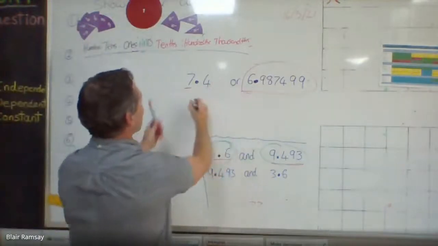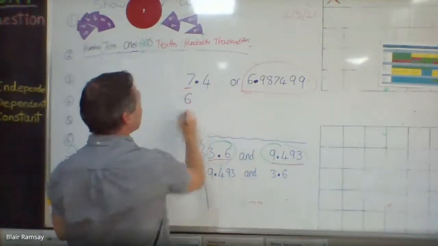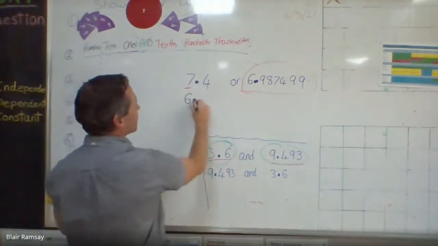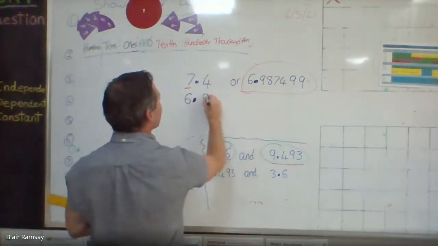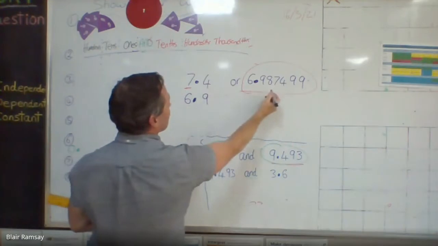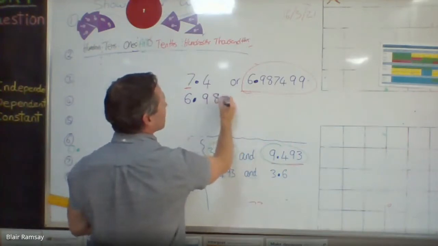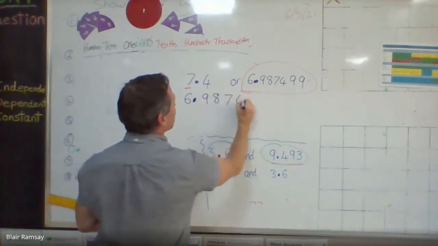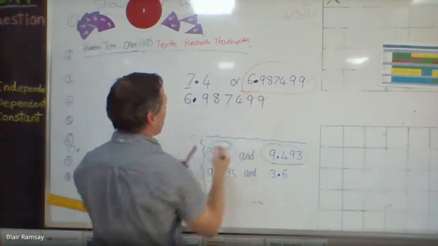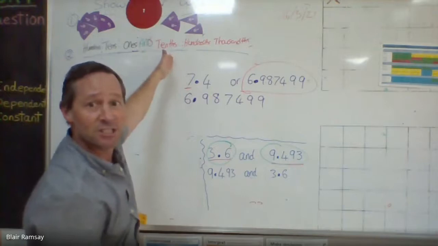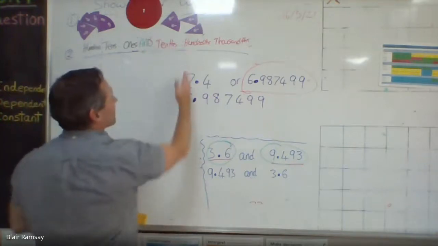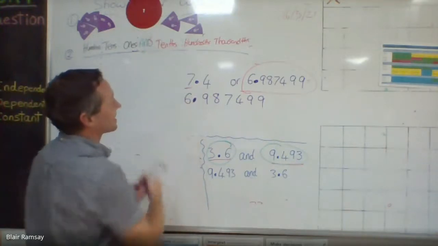So when you get these ones, just line them up underneath each other. So I could have 7, I could put 6 here, and then as long as I've got the decimal straight under there, next one's 9, next one's 8, 7, 4, 9, 9. I just need to look at that very first 7 or 6.